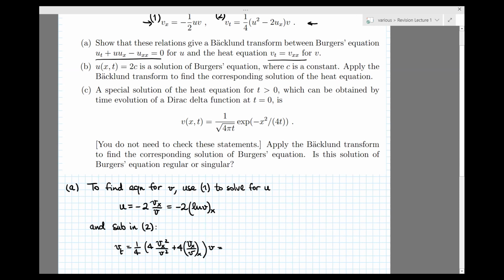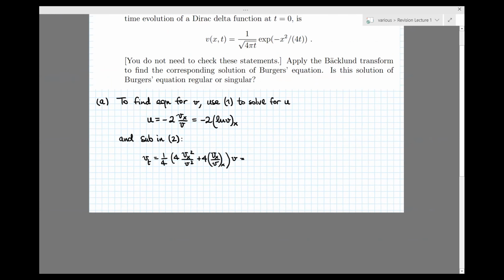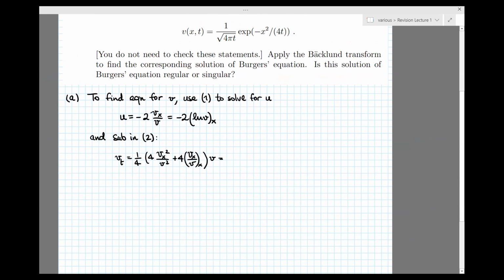Okay, so now I'll compute the derivatives. I no longer use expressions up there. I can simplify the factors of 4. So I get Vx squared over V squared from the first term.